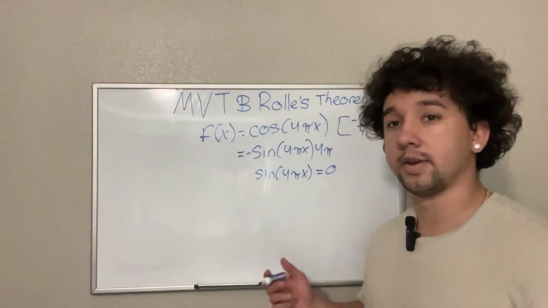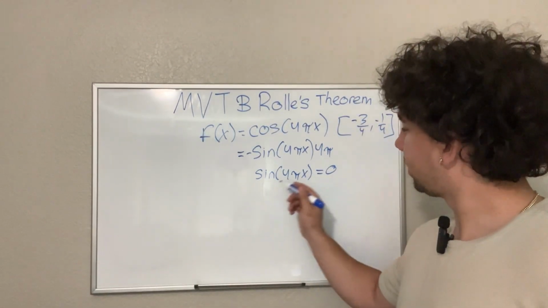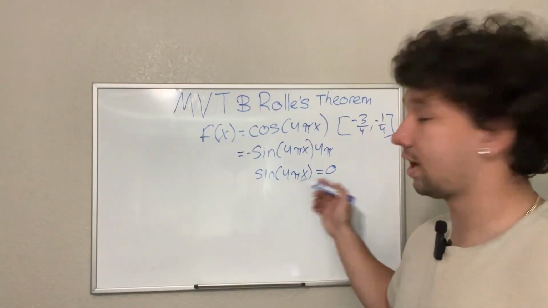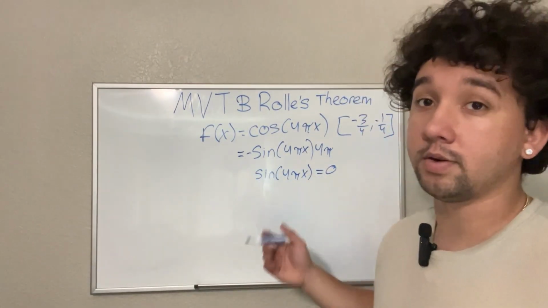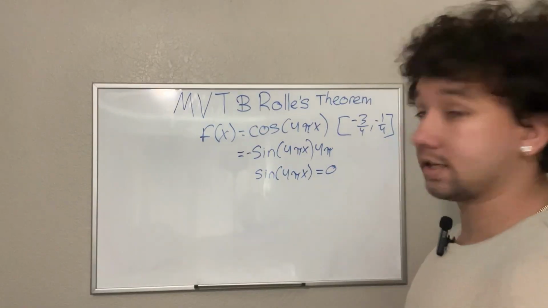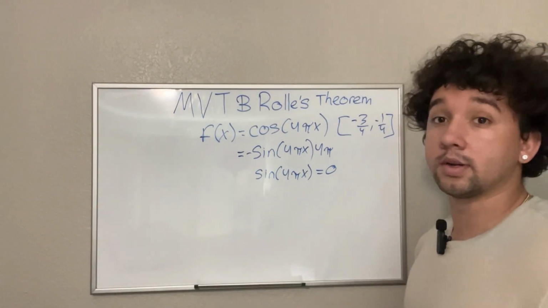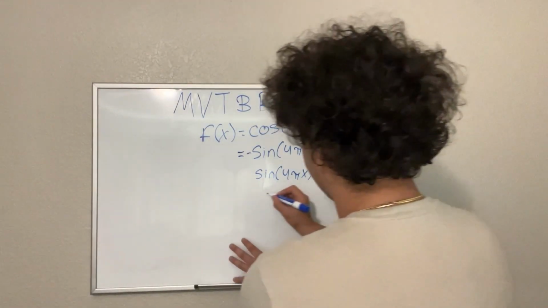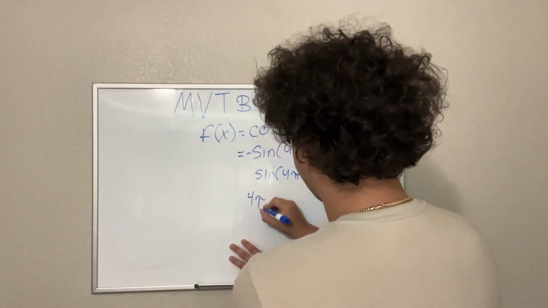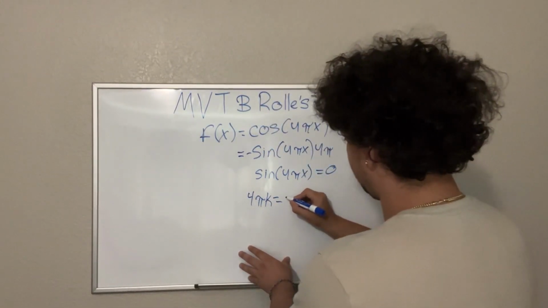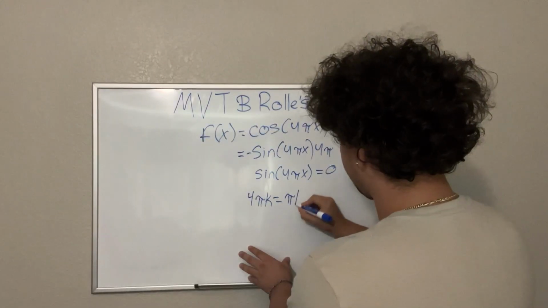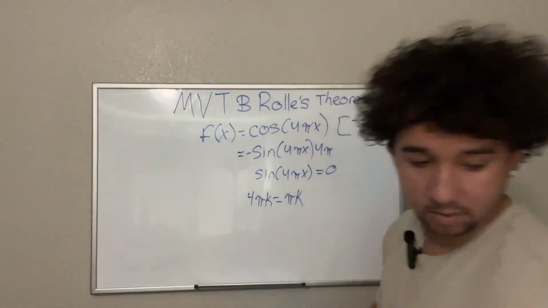Next I have to think about when sine of 4 pi x is equal to 0. If we think about the unit circle, when's the y value equal to 0? That's going to be my x-intercept, so in other words, at pi k. So 4 pi x is equal to pi k.